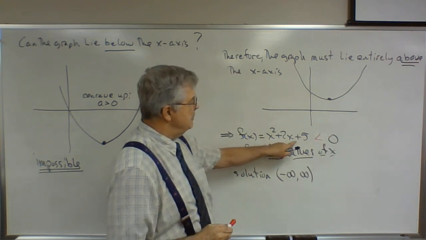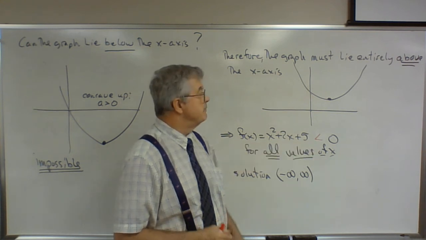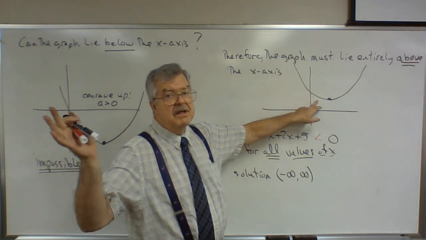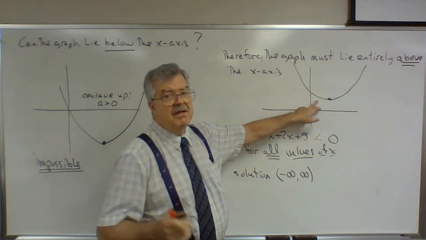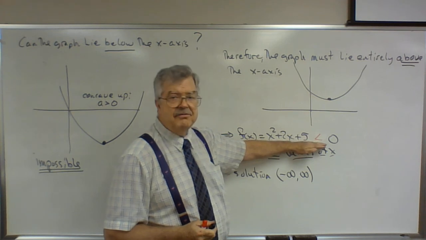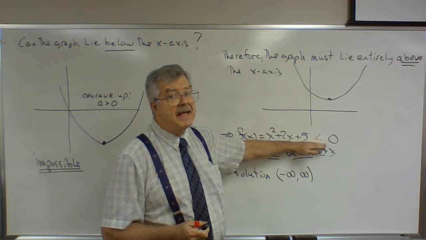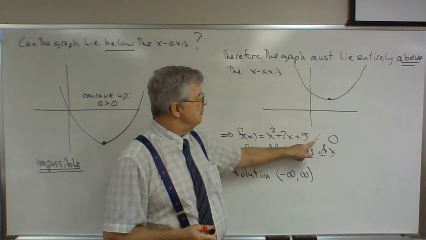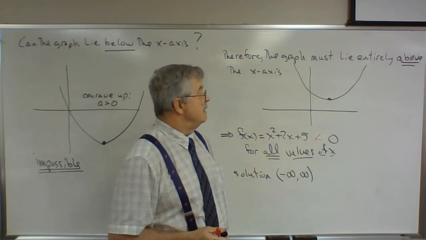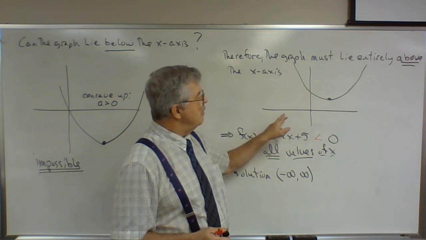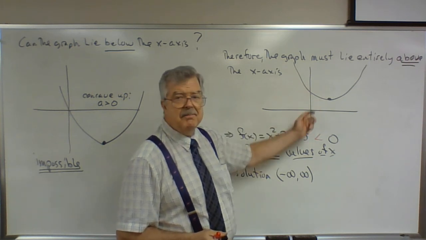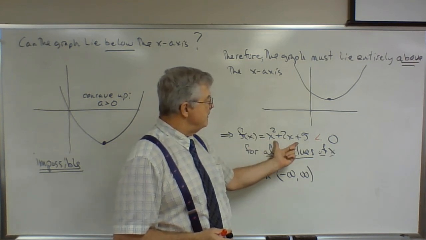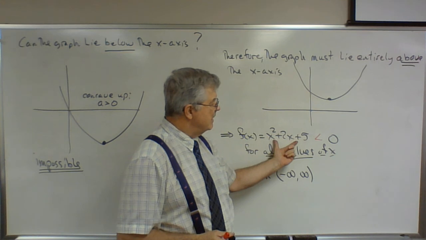x squared plus 2x plus 5 less than 0. The graph lies completely above the x-axis. So if this were the exercise, could we have any solutions? Would any x value be a solution of this inequality? No, because for all x values, the graph lies above the x-axis, which means that for all values of x, this thing is positive.